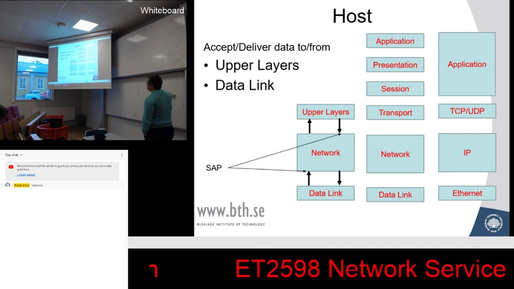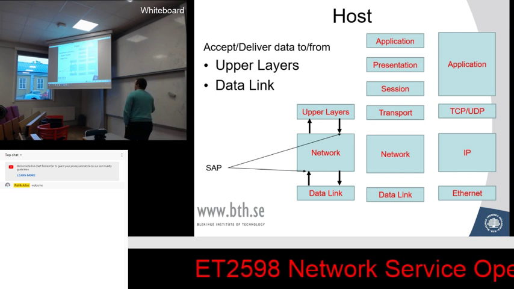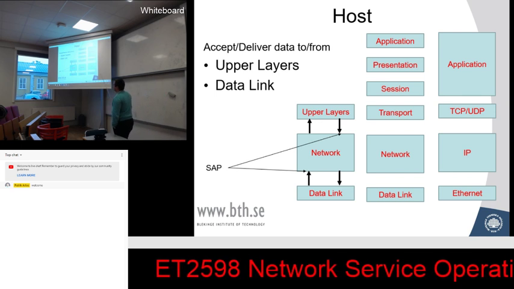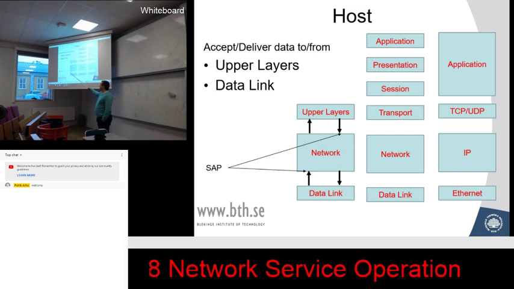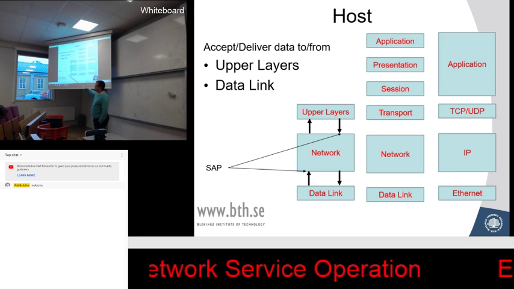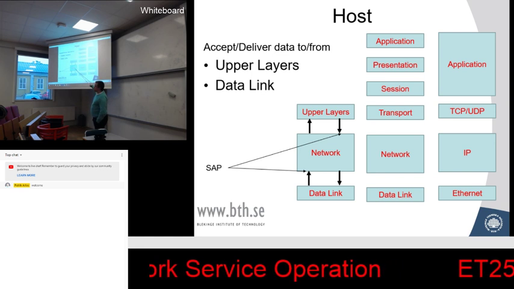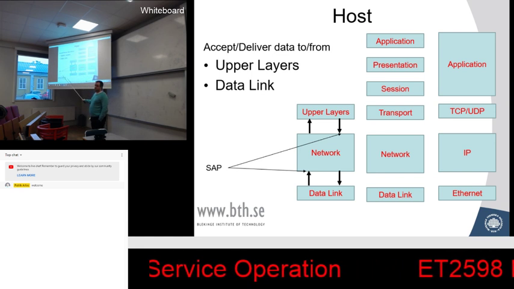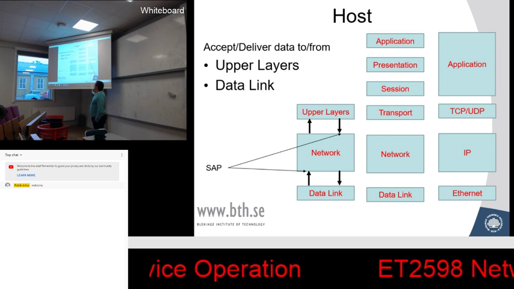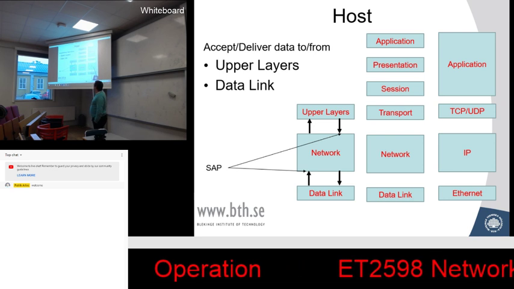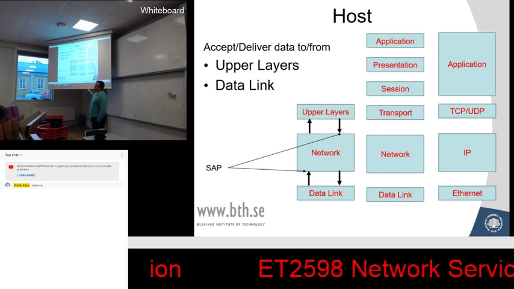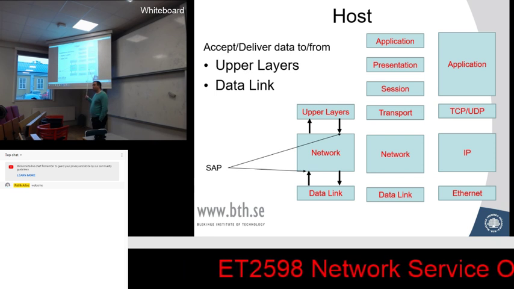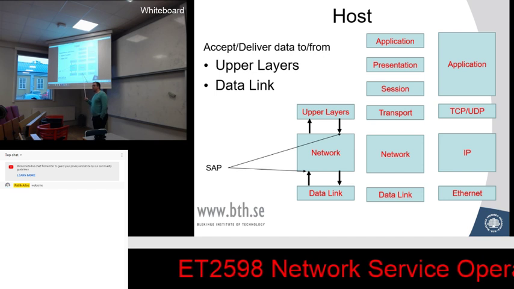This is a very simple schematic or reference model of a host. Here's the network layer. We have the service access points, the data link talks to it, and the upper layers talk to it. In the case of TCP/IP, it's the transport level protocols that talk to it, or applications that talk directly to IP.